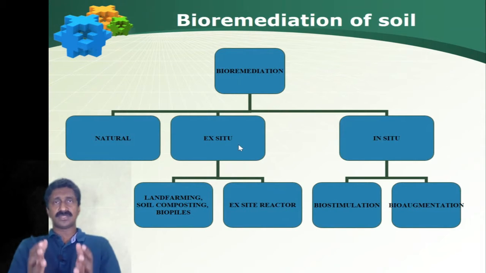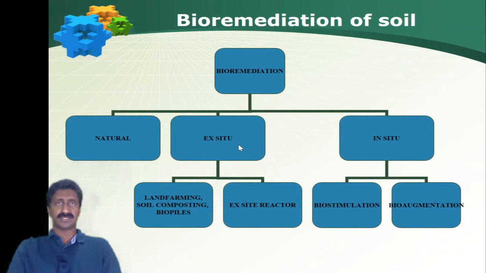So it is not treated on the site of contamination. It is treated at another site, like land farming or soil composting or biopiles, where the contaminated soil will be aggregated together at a different point and treated at that site. So the examples are land farming, soil composting, biopiles, and bioreactors.